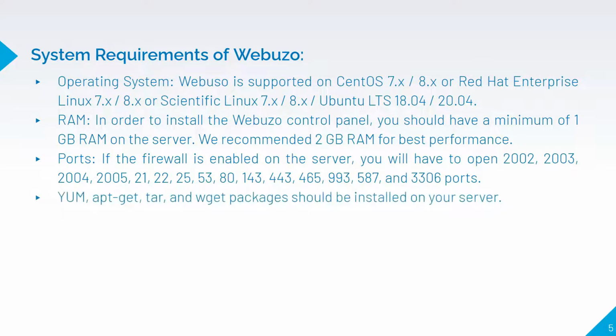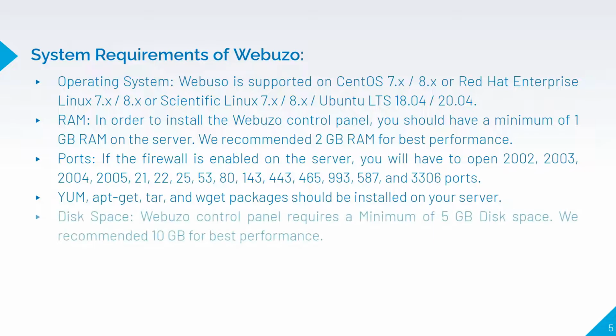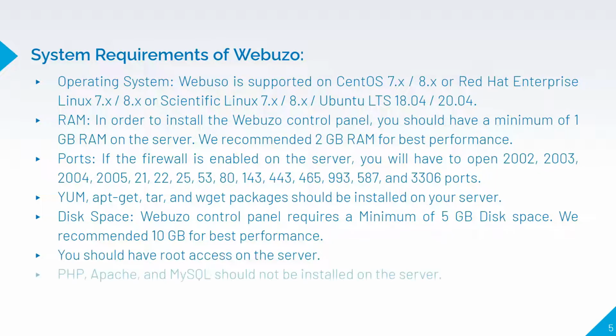Yum, apt-get, tar, and wget packages should be installed on your server. Disk space. Webuzo control panel requires a minimum of 5 GB disk space. We recommend 10 GB for best performance. You should have root access on the server. PHP, Apache, and MySQL should not be installed on the server.